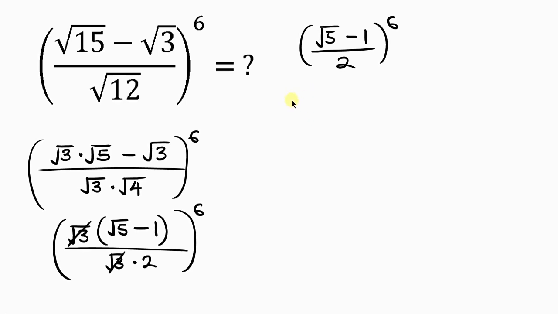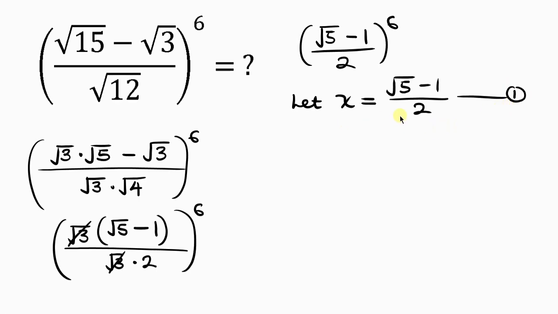That means to say, let x be equal to this expression inside of the parenthesis. So let x be equal to root 5 minus 1 all over 2. So this is x. Let's call this equation 1, because we're going to be using it later.